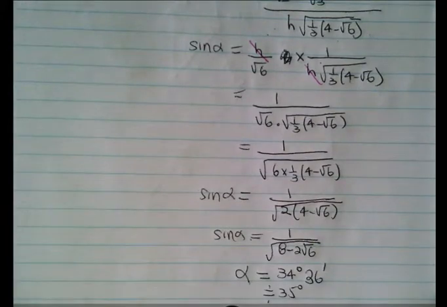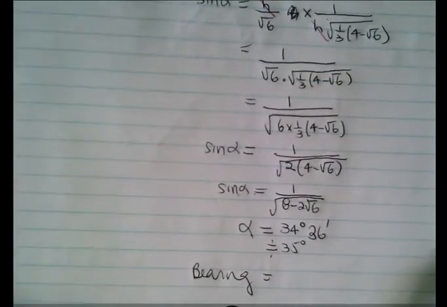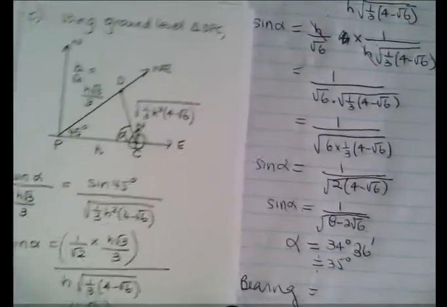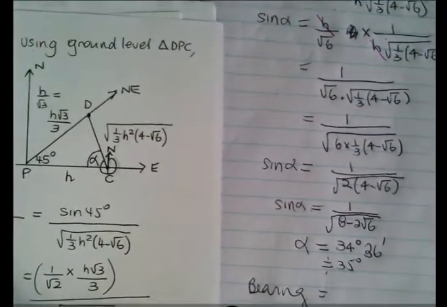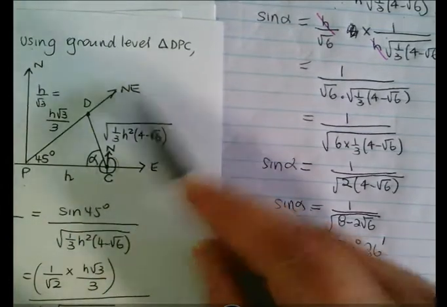Now we have to do the bearing. Now I'm going to go back to that diagram. If we look at this diagram here, this was north, remember that's north, that was east, that was the northeast.